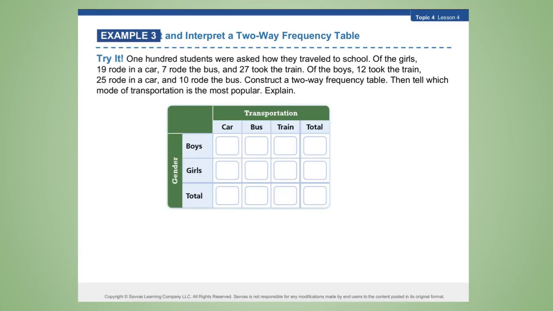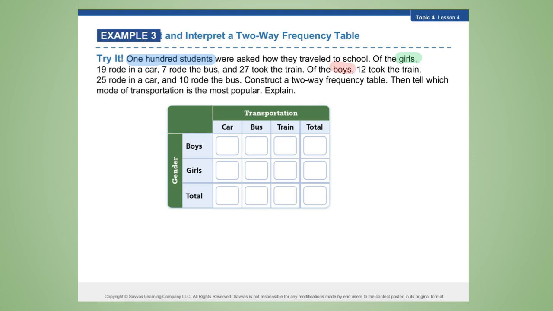This is the try it at the bottom of page 240. It says 100 students were asked how they traveled to school. We're going to have boys and girls.